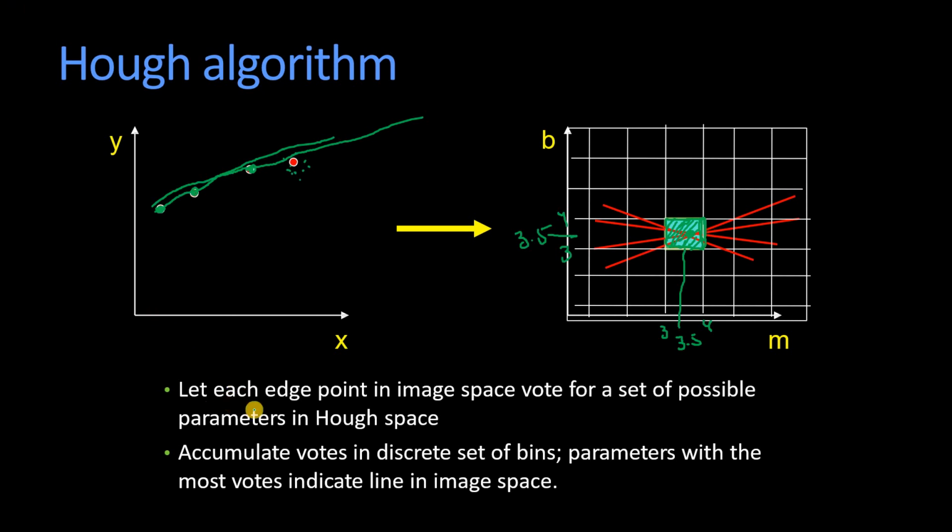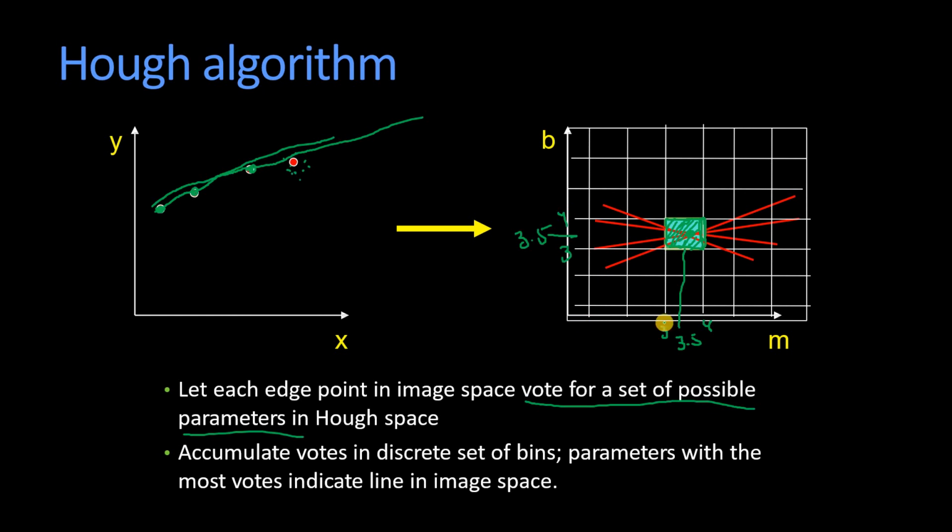So what we do in the Hough algorithm is that we let each edge point, each point over here that is representing an edge, each edge point in the image space, vote for a set of possible parameters. So every edge over here is voting for a set of possible parameters.